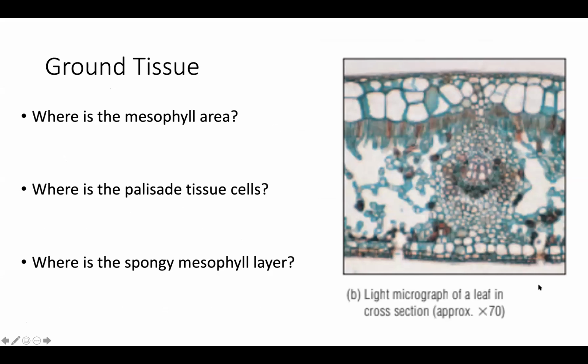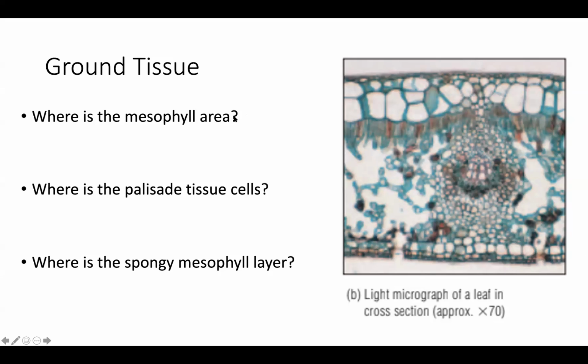All right, so I want you guys to examine this. This is an image taken of a leaf in a microscope. So it's about 70 times magnification. Behind my computer, I'm looking at my avocado plant, and I'm just envisioning this inside the leaf.